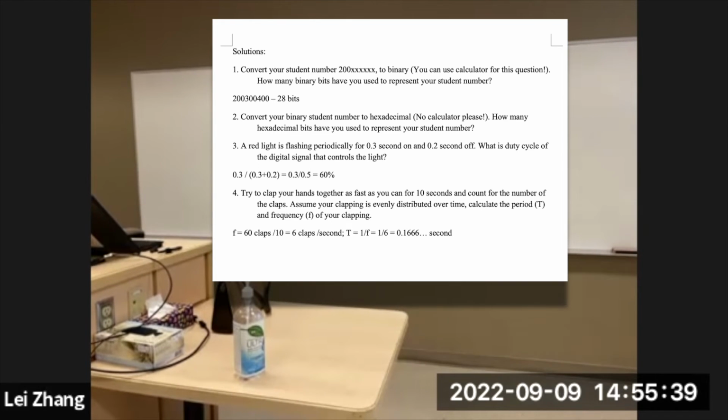Yes, we do, because we know we can't do perfectly evenly distributed clapping. So we do that for 10 seconds. That's long enough for us to average our clapping to get a reasonable frequency or period.